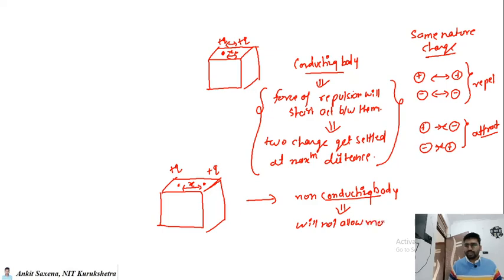It means wherever we place the charge, it will stay at that place, as charge movement is not allowed. So this is the difference between the conducting body and the non-conducting body. The conducting body allows charge movement and the non-conducting body does not.